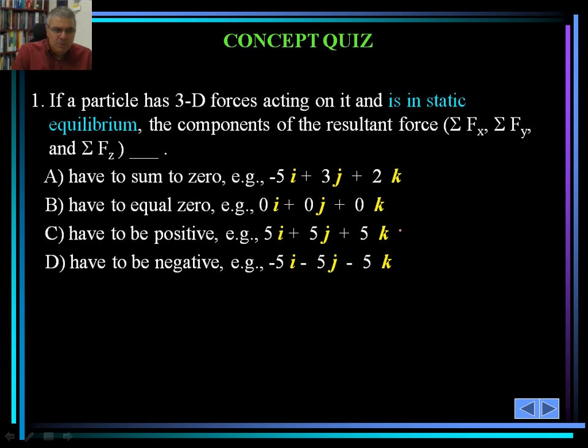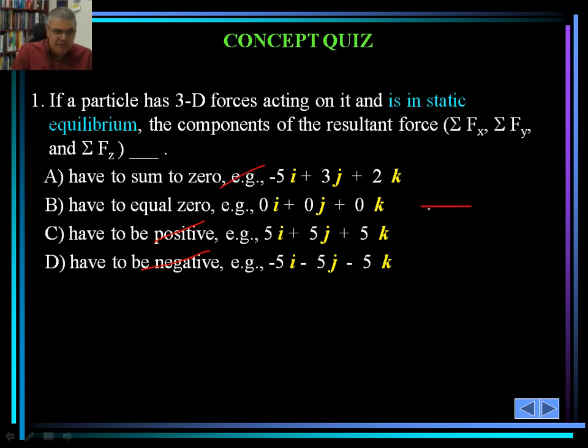Right away, you should be able to tell that this is not the answer, this is not the answer. Between choices of A and B, remember, it is in static equilibrium, and this is for a particle that has 3D forces acting on it, so it cannot be this either.